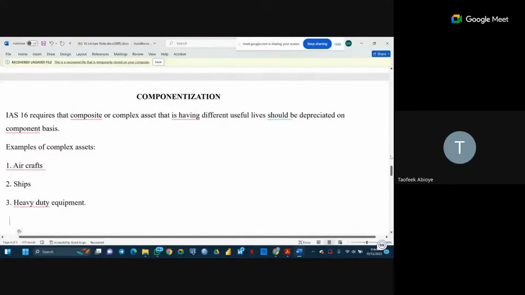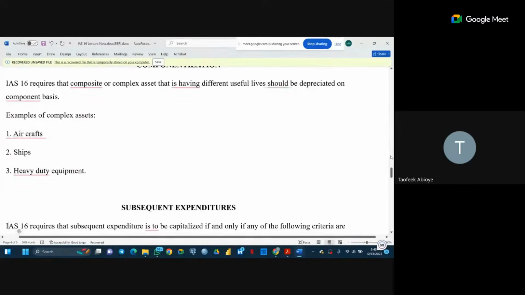So I'm just using that as an example. It is expected that if there is an engine in the aircraft that can last that long, the general useful life of the whole asset should definitely be more than that. However, in a situation whereby each part of the asset has its separate useful life, we are to consider depreciating each part separately.